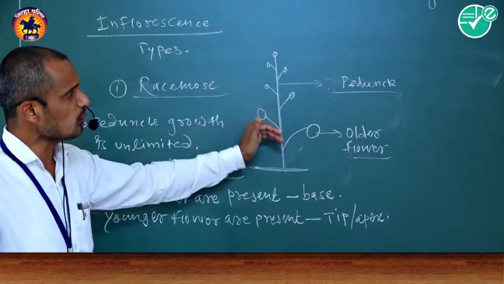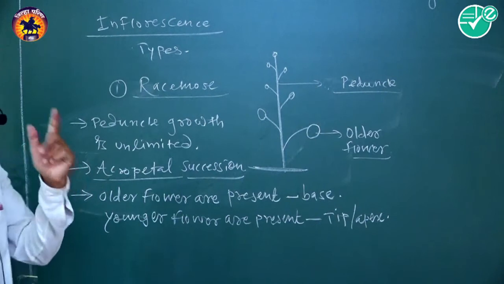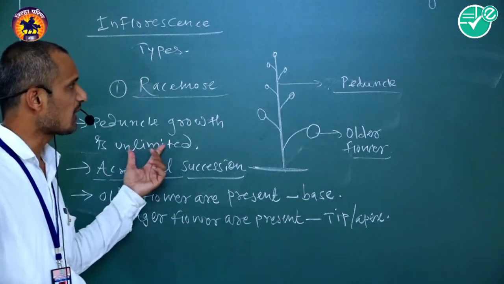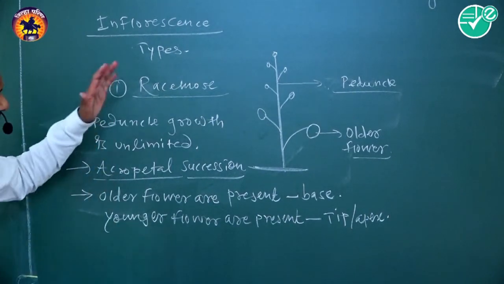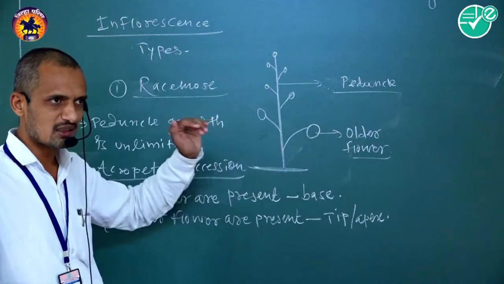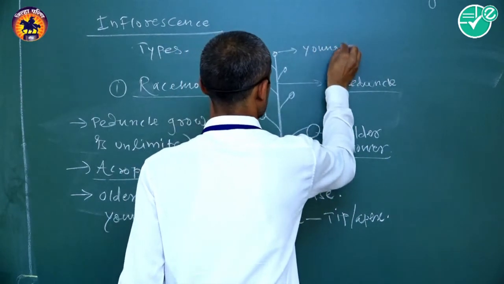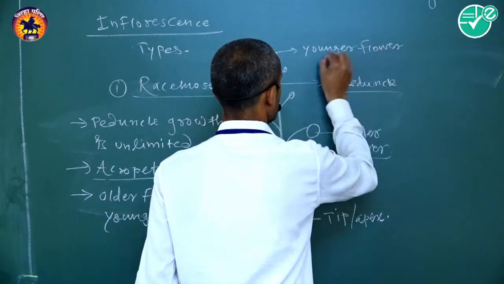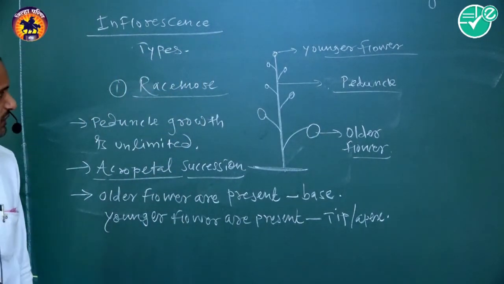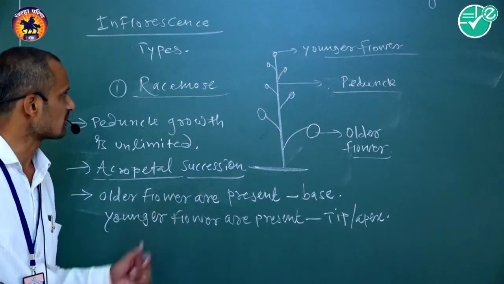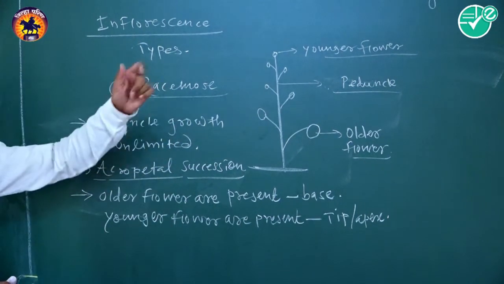About these two parts, the peduncle or main axis or inflorescence axis, its growth is unlimited in the racemose type of inflorescence. Older flowers are present at the base and younger flowers at the apex portion or tip portion, so it is called acropetal succession. That is one type of inflorescence, called racemose inflorescence.